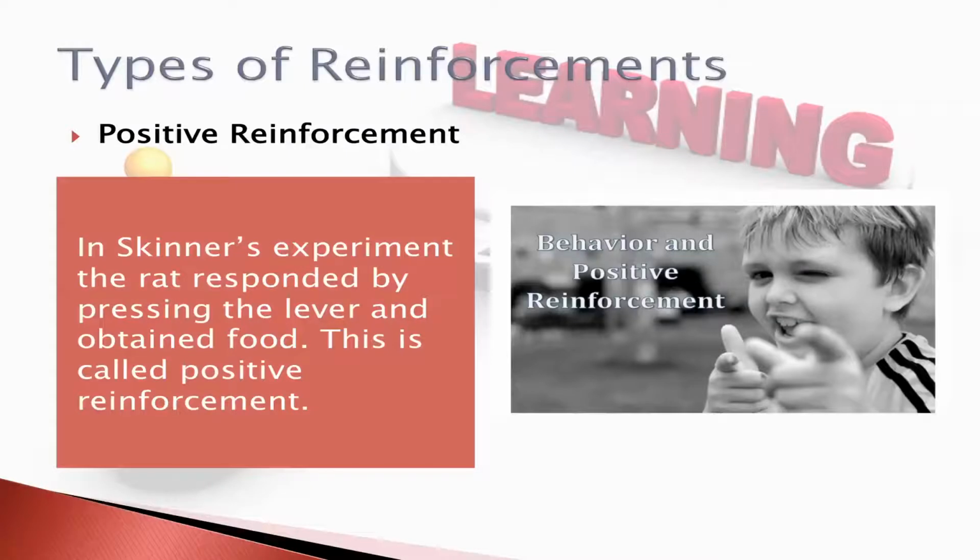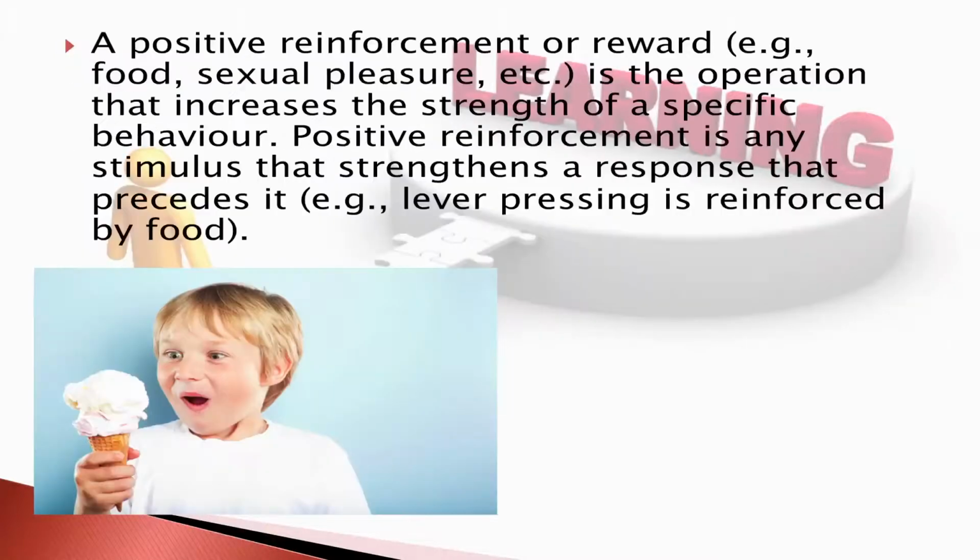This is called positive reinforcement. So, a positive reinforcement or reward, for example food, sexual pleasure, etc., is the operation that increases the strength of a specific behavior. Positive reinforcement is any stimulus that strengthens the response that precedes it. Example, lever pressing is reinforced by food.